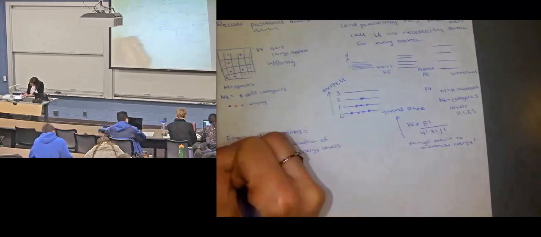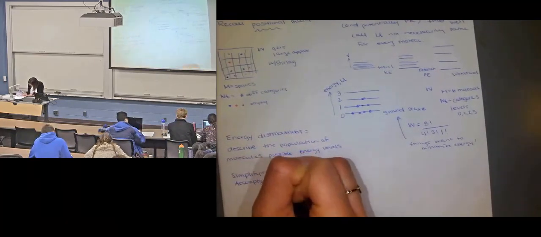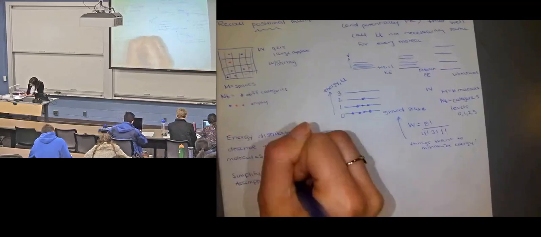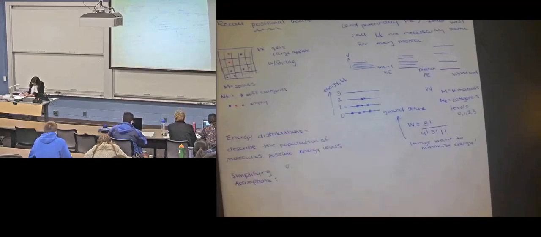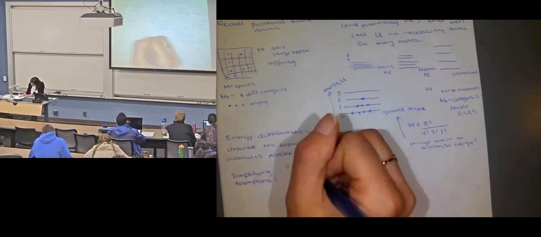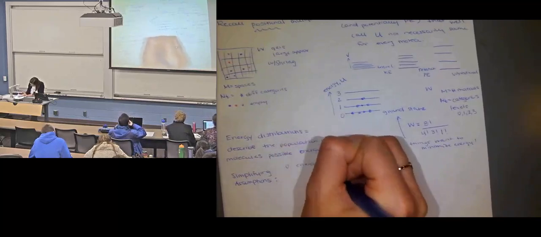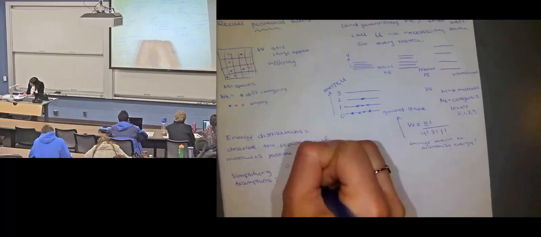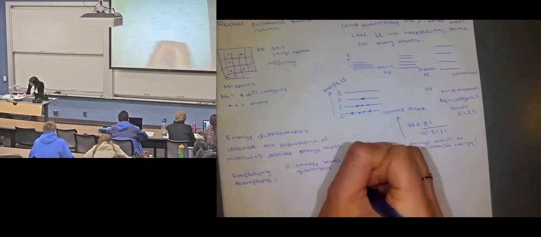And we have some simplifying assumptions. So the first one is that energy levels are quantized and discrete.